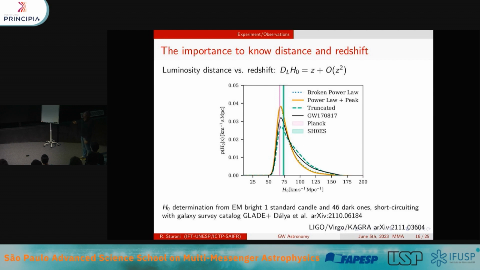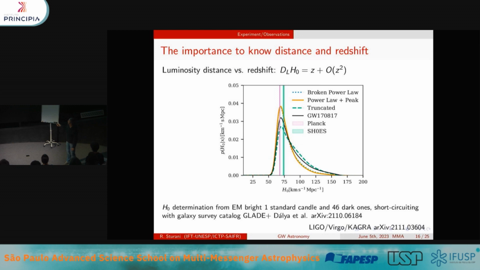And basically astrophysics, that was out of the door, comes back through the window, because astrophysics has to tell you what the mass distribution of your black holes is, and that affects a little bit the cosmological estimation from the dark sirens.